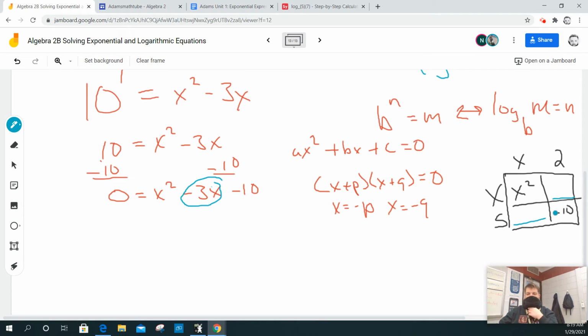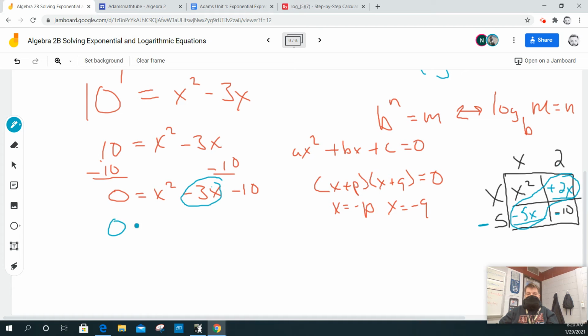In other words, in order for me to get my negative 10, either the 5 or the 2 has to be negative. I'm going to make it the 5, because when I multiply negative 5 times x, I get negative 5x. And when I multiply 2 times x, I'm going to get a positive 2x. And guess what? Those add up to negative 3.